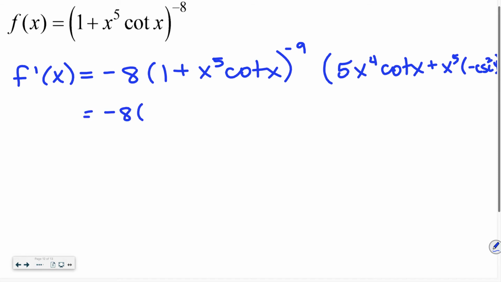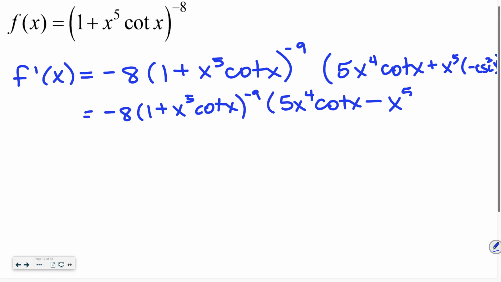My suggestion, just because everything is pretty intense, I would rewrite this as 5x to the 4th cotangent of x minus x to the 5th cosecant squared. That way it just looks a little bit nicer. I also want you to think about those two multiplying, so we have a negative term right there.